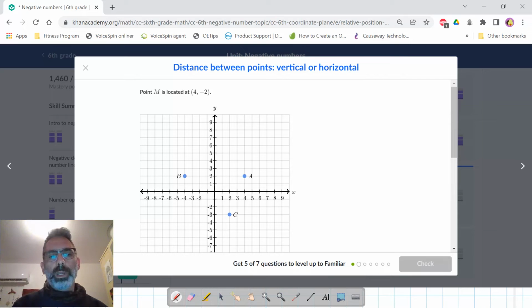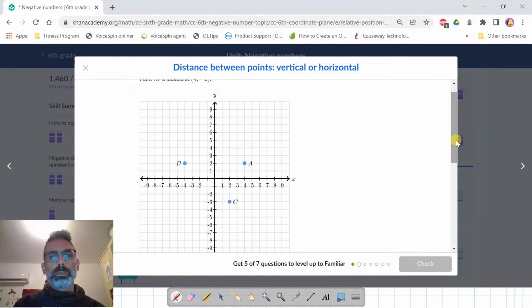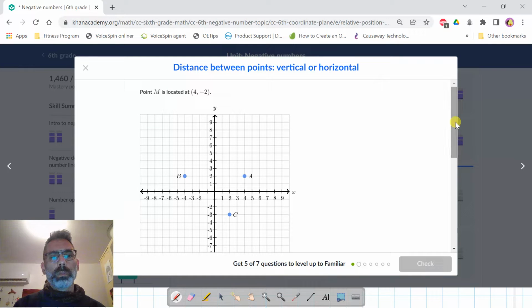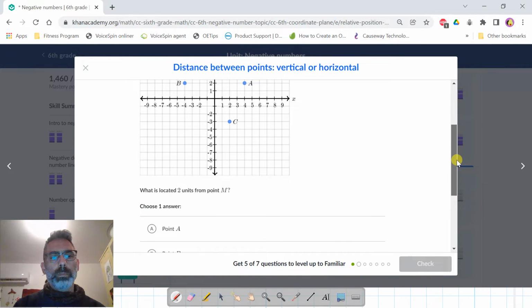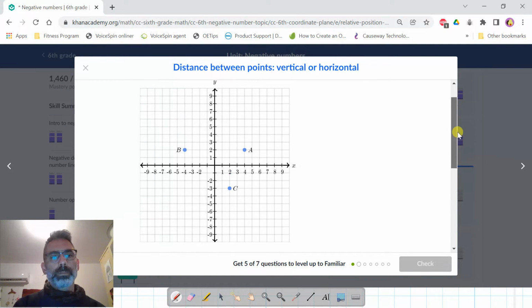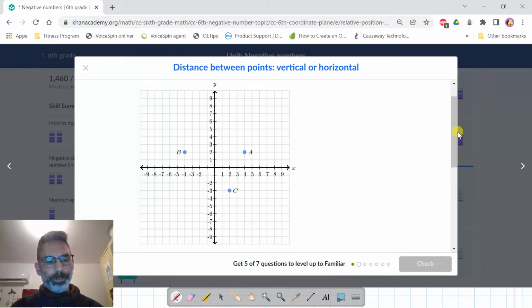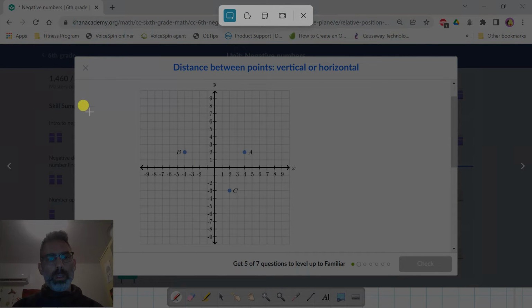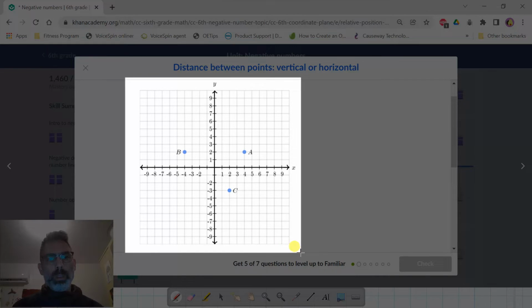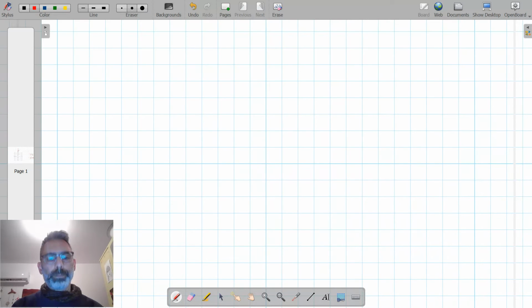Point M is located at (4, negative 2). So let's put it on the coordinate plane.